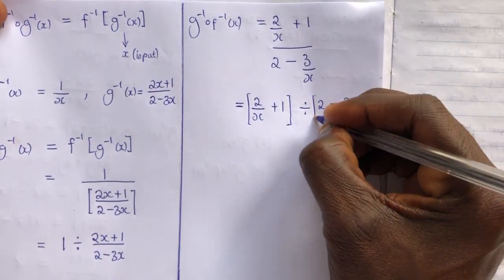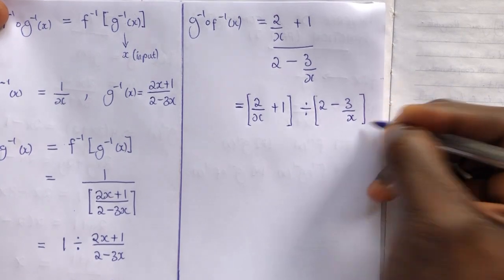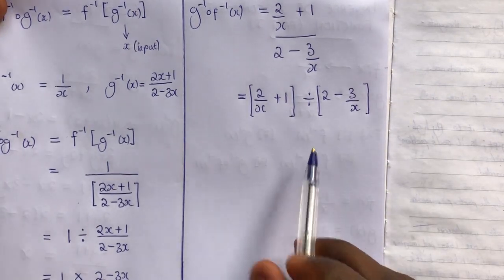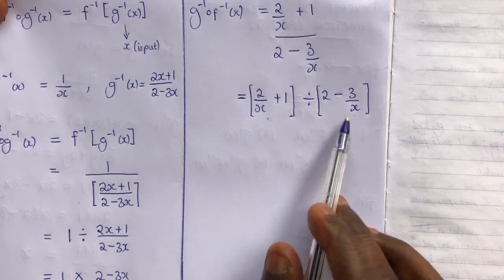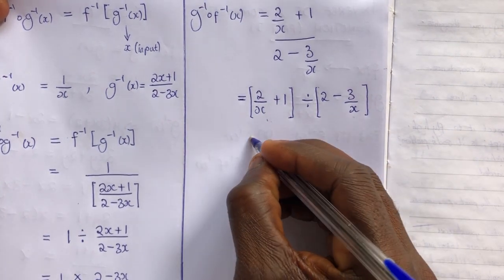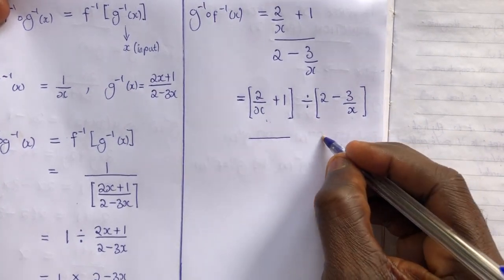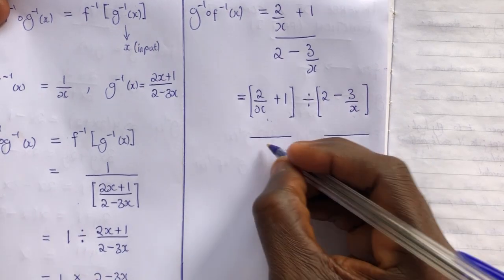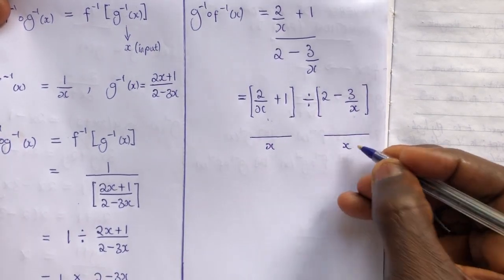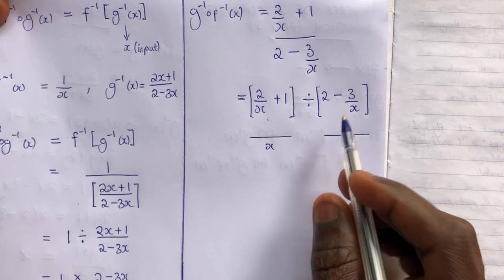So let me put this in bracket. Now your next step is to take LCM on both sides. So the lowest common multiple, we have x here, we have x here. This is over 1, this is over 1.